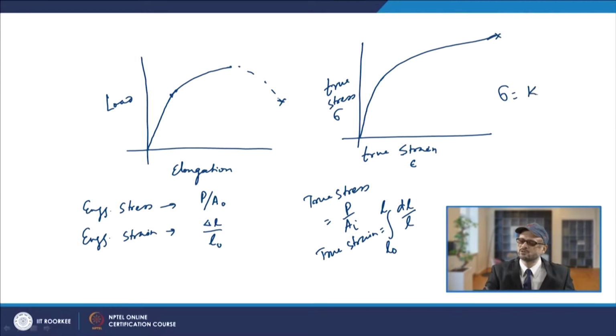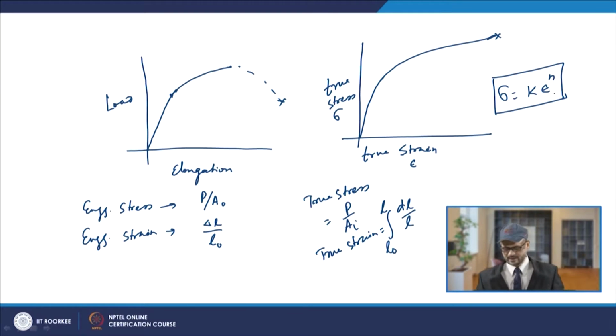For steel its value is something like 0.15. Even for the strain rate parameter you have another relationship, which we can study later.